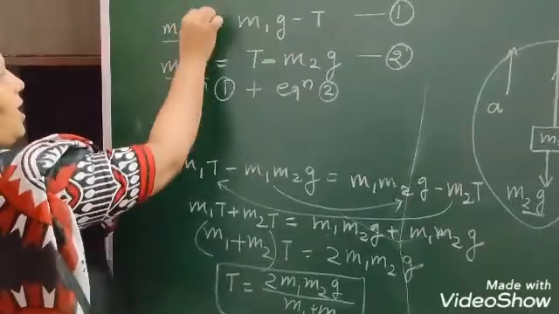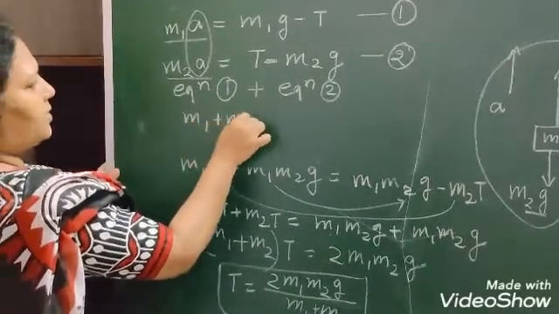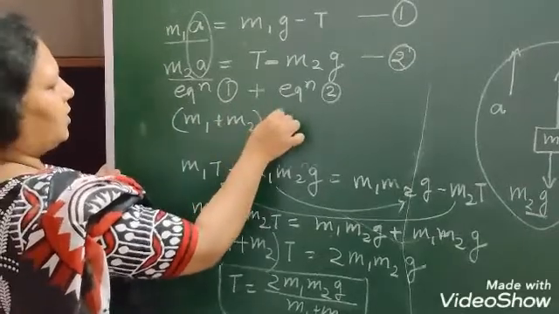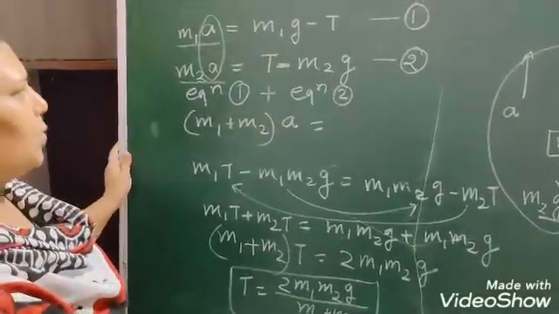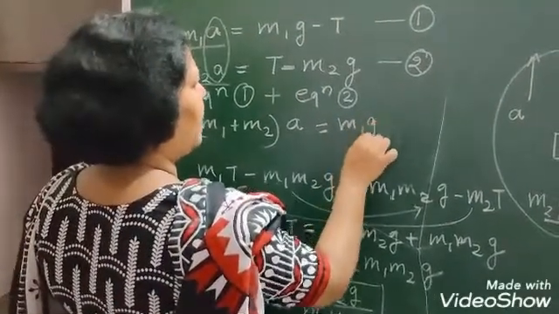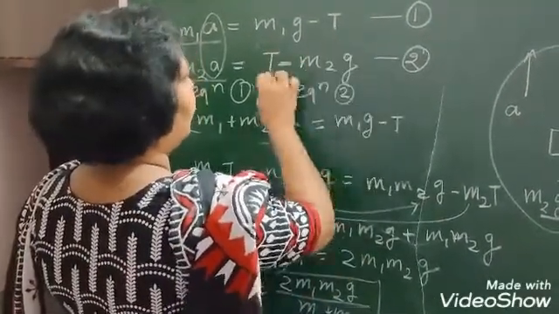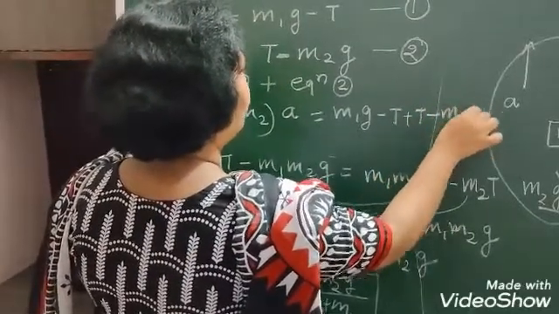If you take a as common, it will become (m1 plus m2)a. This is on the left side you will get. Now you will get here, this is m1g minus T, then plus T, then minus m2g.